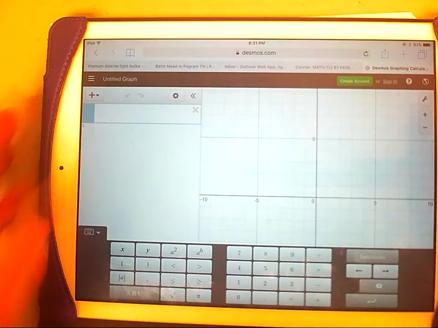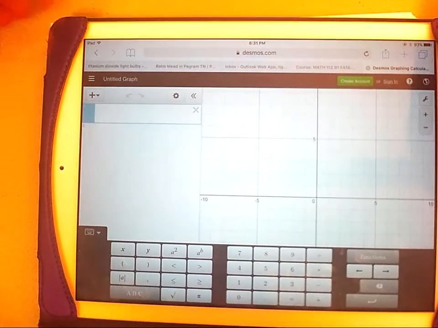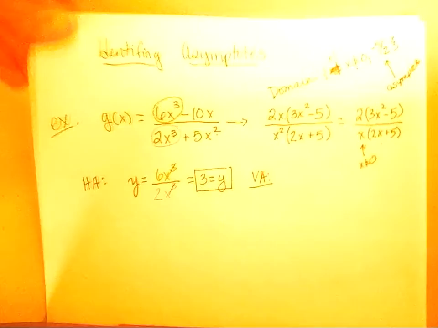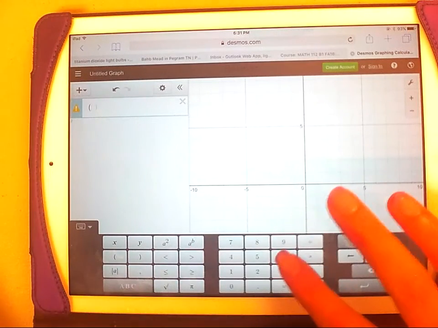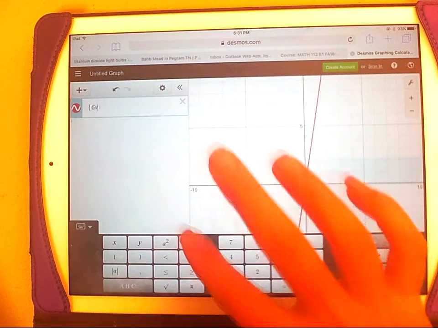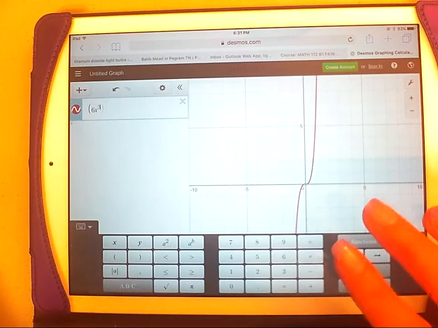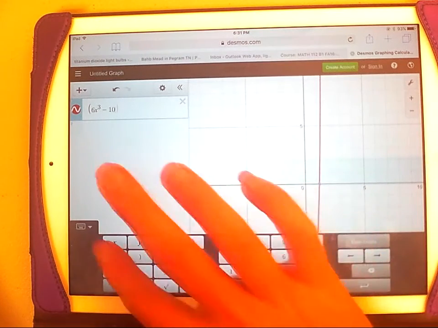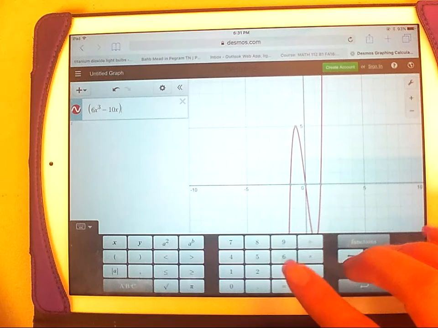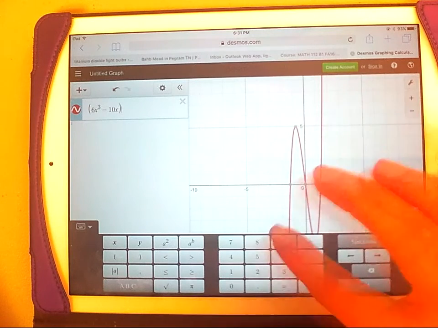Okay. So we need to put in, in a quantity, 6x cubed minus 10x, so there's our cubic that we just learned about.